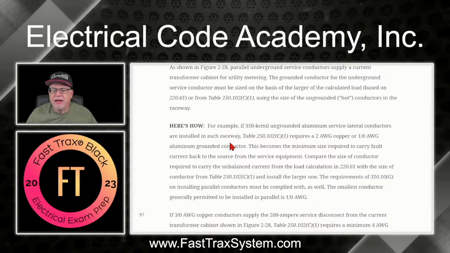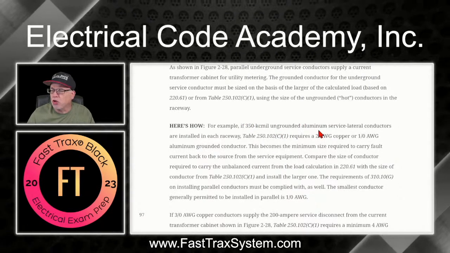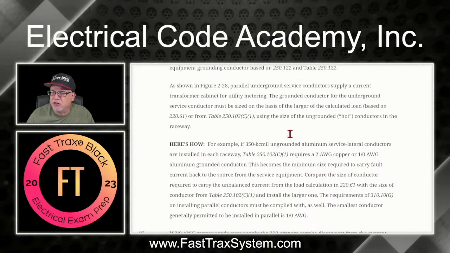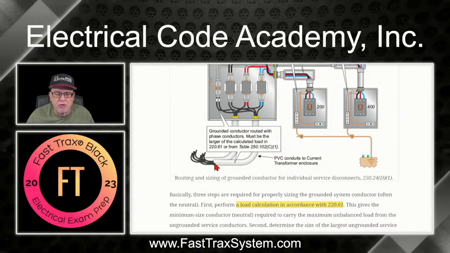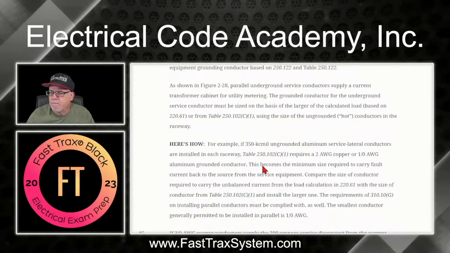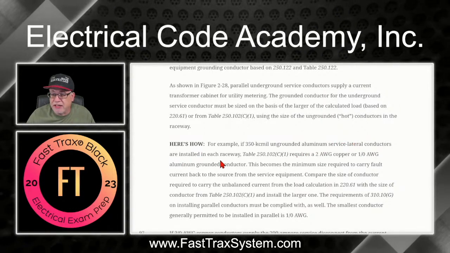So, for example, if we have 350 kcmil ungrounded aluminum service lateral conductors. Okay, so this is service laterals coming in. We'll say that's the service lateral. I like examples, by the way. 350 ungrounded aluminum service lateral conductors are installed in each raceway.